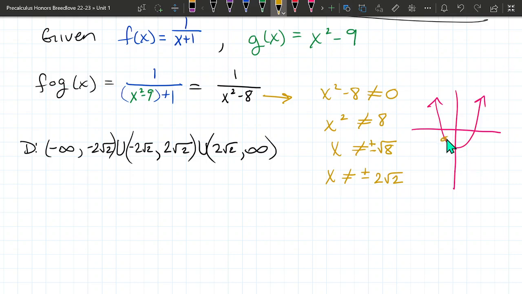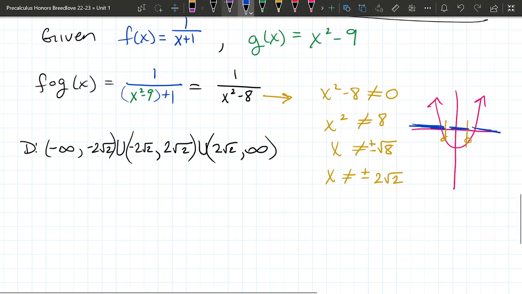When x is this, and when x is this, there's 3 sections. It could be anywhere over here. Any of these x values has an acceptable y value. Any of these, it's fine. Any of these, it's fine. It just cannot be those two exact points. That's why there's the domain restrictions.